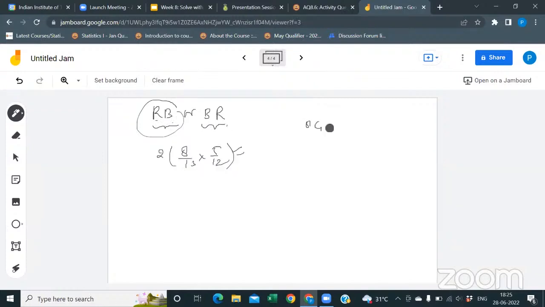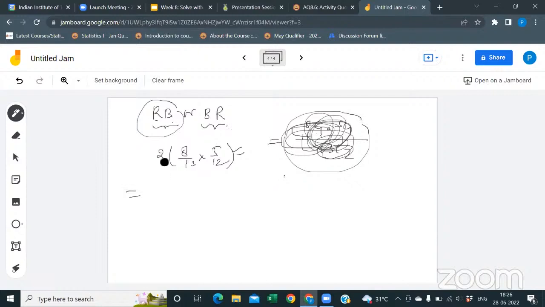Now, this is the same as 8C1 into 5C1 into 13C2. No, sir, actually I think it's not the same, a factorial 2 will be there, right? Sir, it's actually like first we are taking the red ball, then the blue.